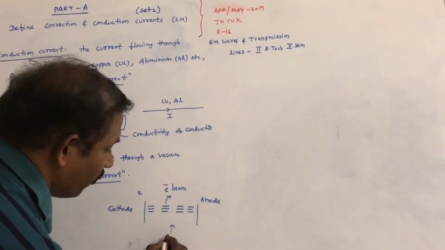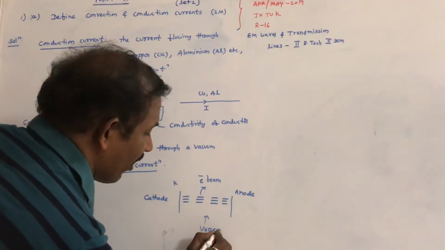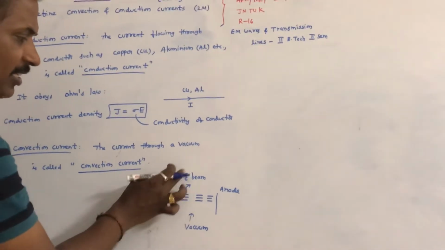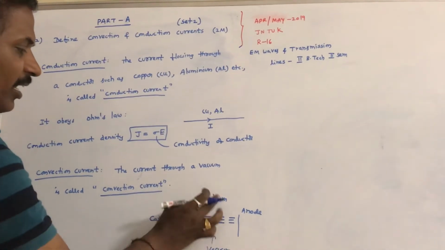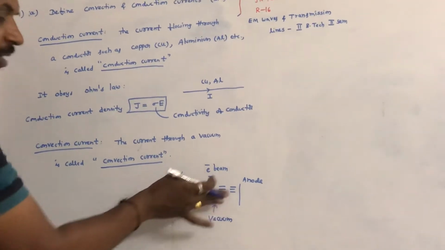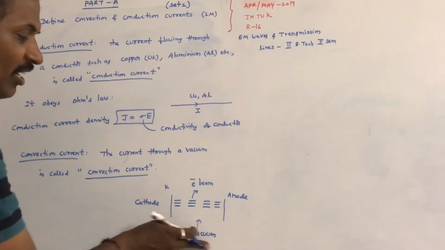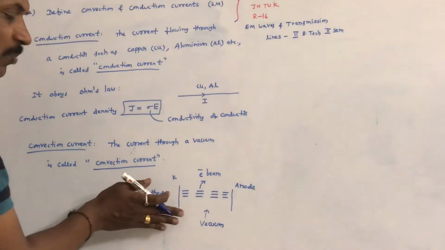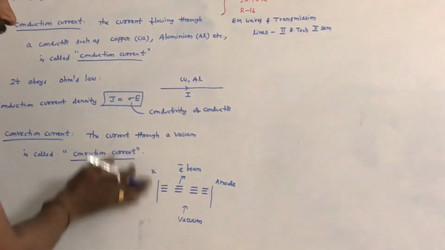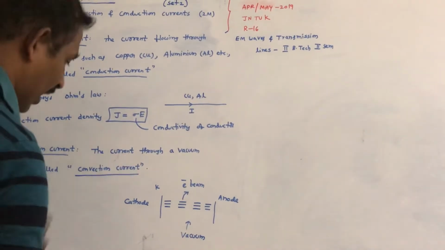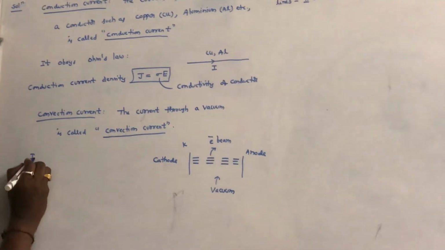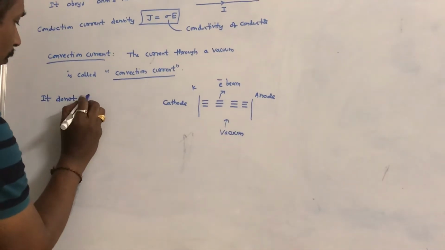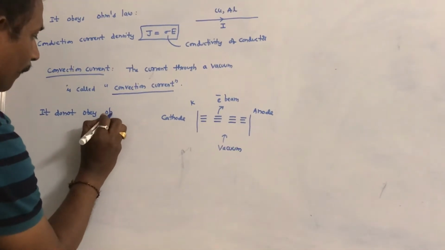Here there is a vacuum. The current carried by this electron beam when it is flowing through the vacuum is called convection current. Since there are no wires, since the electron beam is passing through vacuum, the current associated with the electron beam is called convection current. So therefore it does not obey Ohm's law.